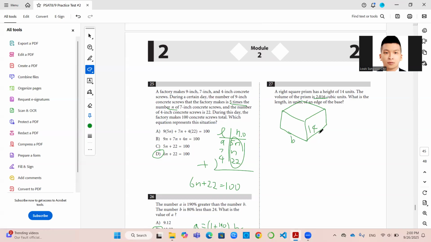So right square prism, since the length and the width in the bottom has to be the same, and we're only given the height here, so it's going to be B squared times 14, which is equal to 2016. B squared, divide this by 14 both sides, you get 144. B is equal to 12. So this is how you do it.